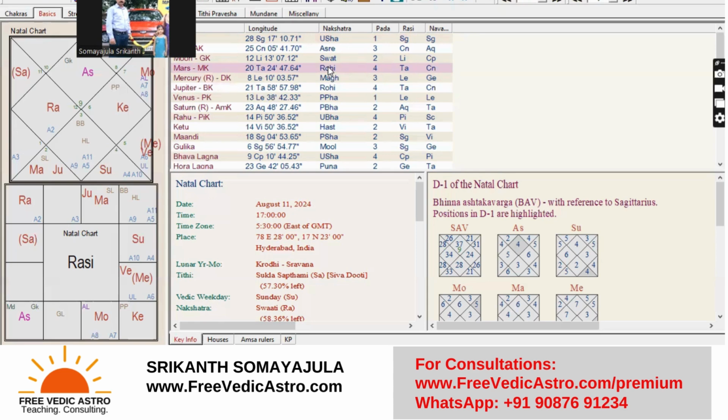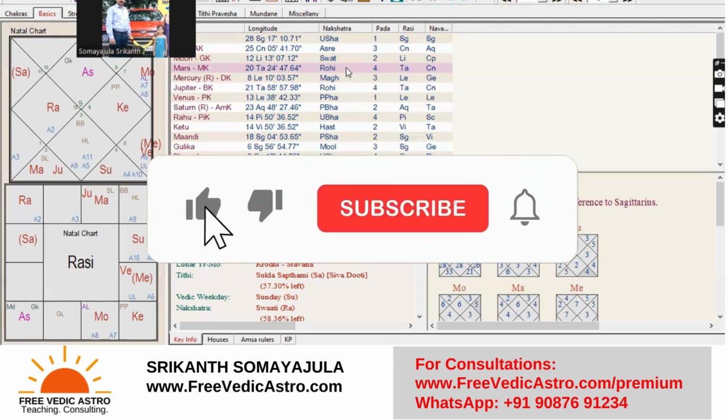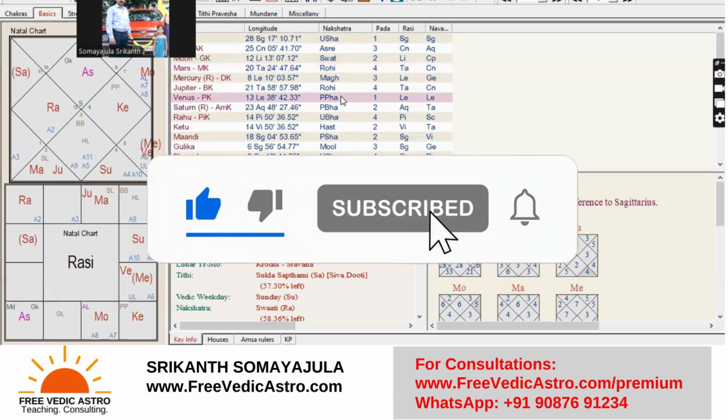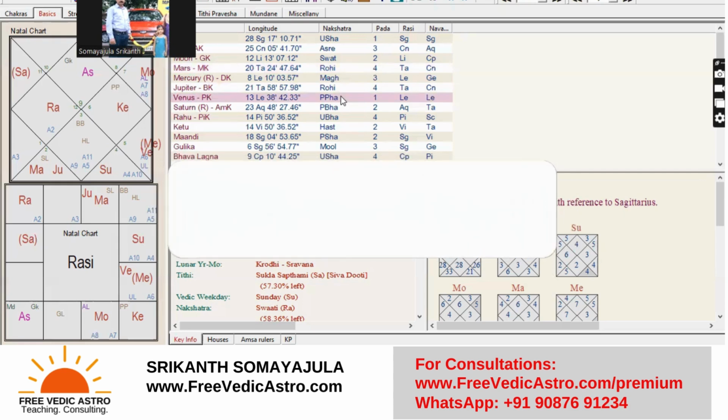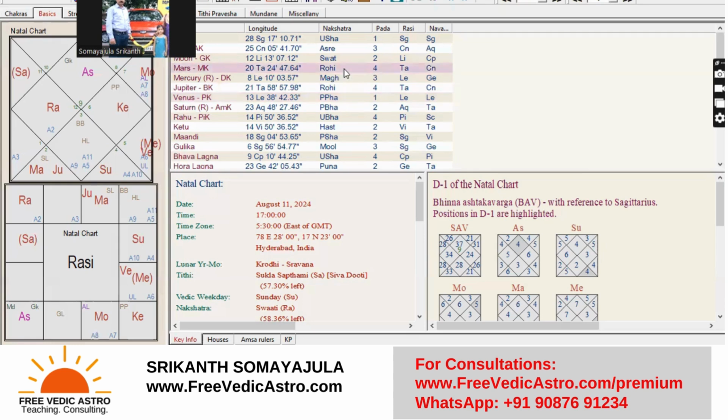Besides this, if there are two planets, let's suppose the Lagna Lord is along with another planet, which is also in Rohini, it means that it is not just the 10% Rohini, it will be more of Rohini as well. So the dispositor will further go down to maybe 60%, and another 25-30% will add up to the Lord as well. Okay, this is what we will get to see.